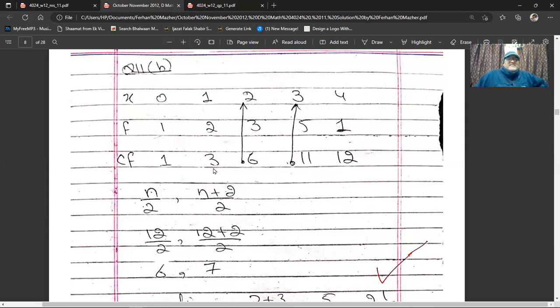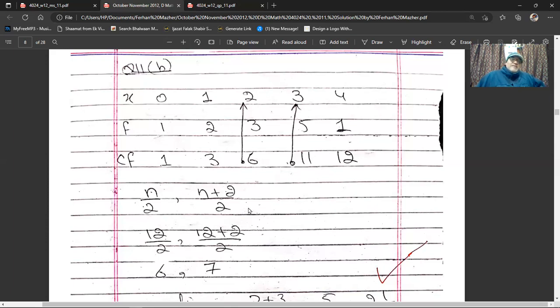First number is this, second and third number is this, fourth, fifth and sixth number is this, and seventh to 11th number is this. So the sixth number is 2 and the seventh number is 3.